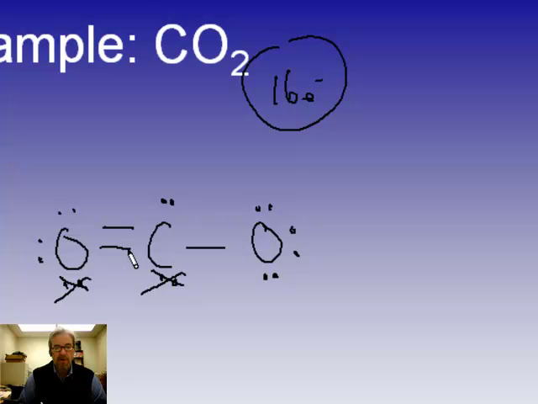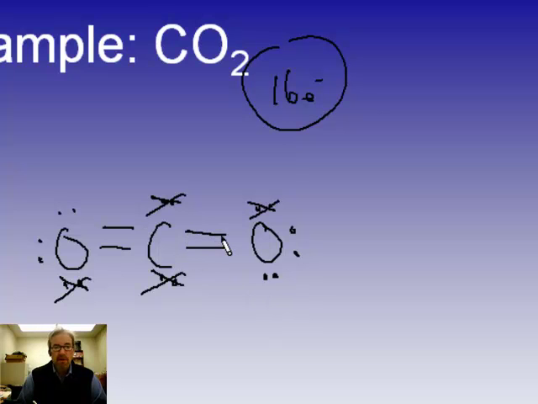So now I'll recount. 2, 4, 6, 8, 10, 12, 14, 16, 18. I still have too many electrons. So I'm going to do it again. Now, to keep things symmetrical, I'm going to take a pair from this oxygen and that remaining pair from that carbon, and I'll replace that with a bond.